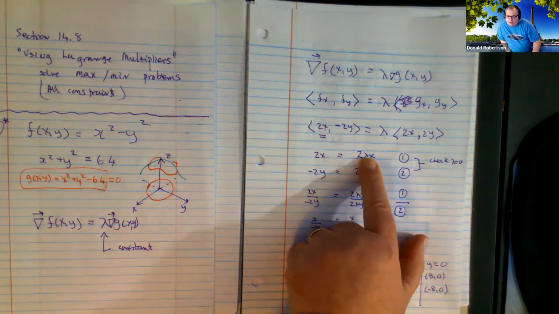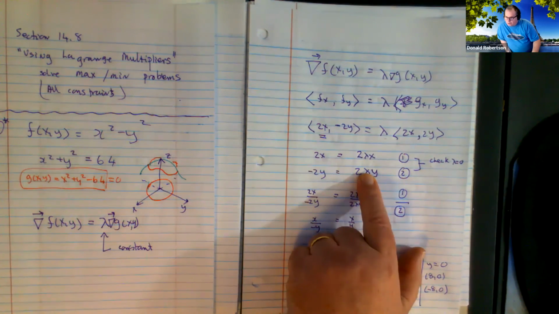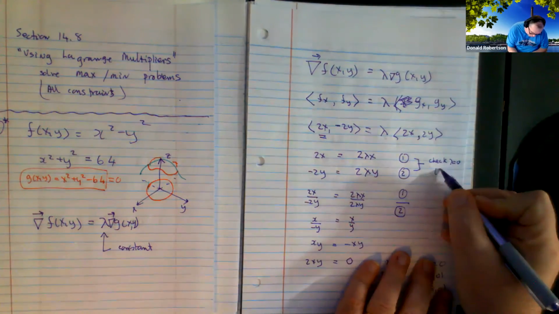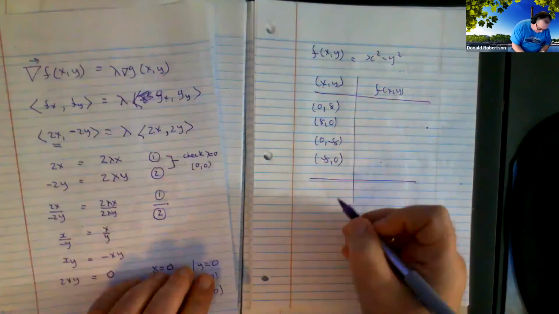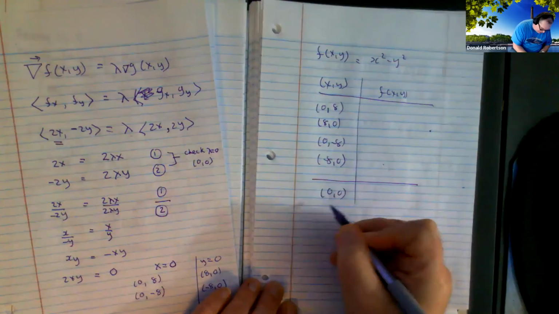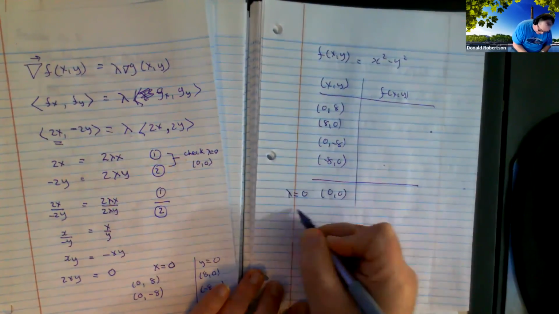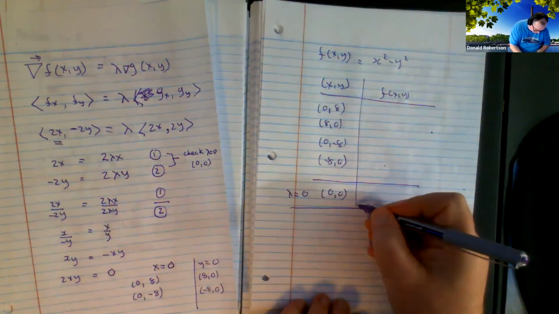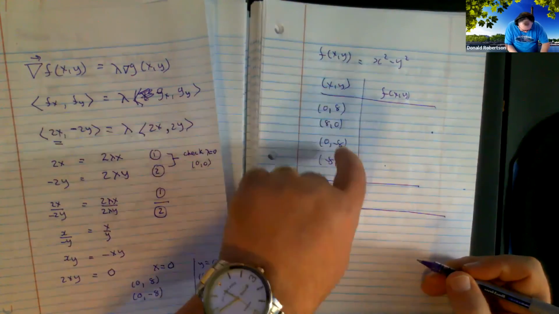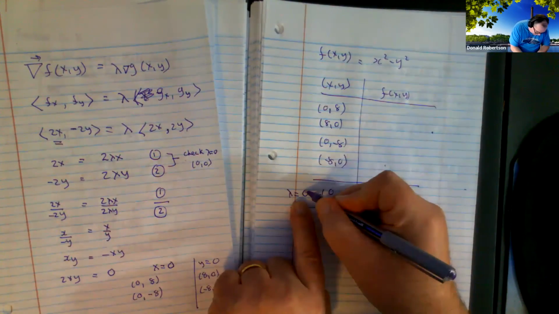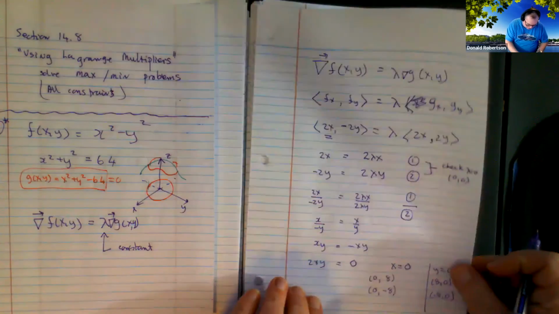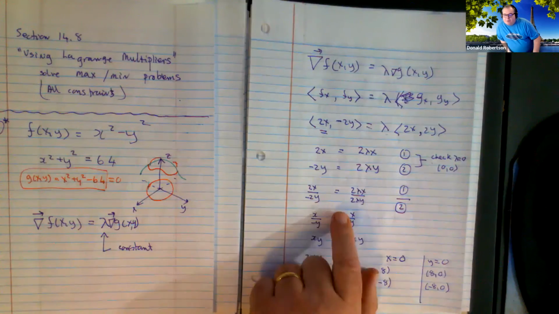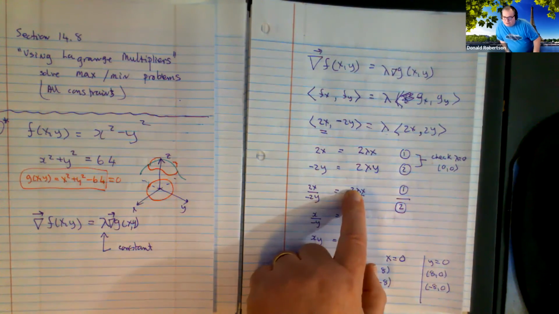Wouldn't that become 2x is 0 and minus 2y is 0? And that generates one more possible solution. The extra solution, if it exists, and a lot of the time it doesn't exist or ends up being one of these, is to make lambda 0 and see if there's a solution. And there's a good reason mathematically why we did that. Remember when I divided these two equations?